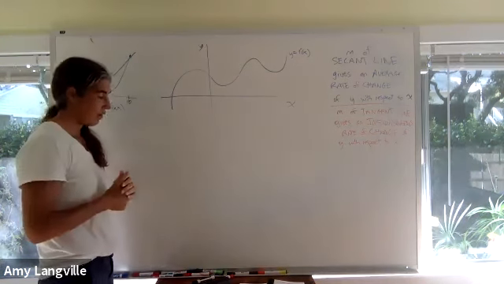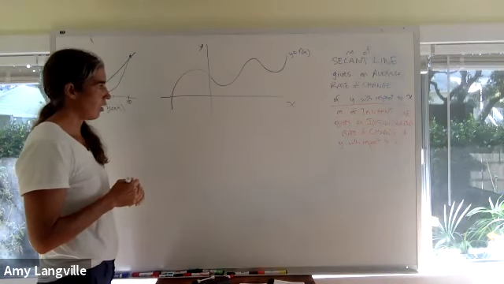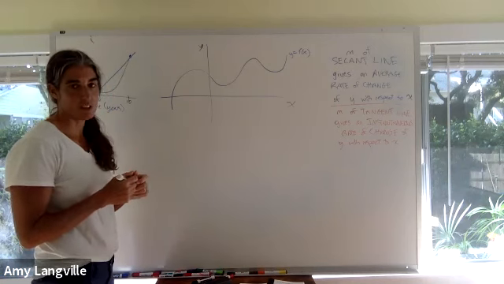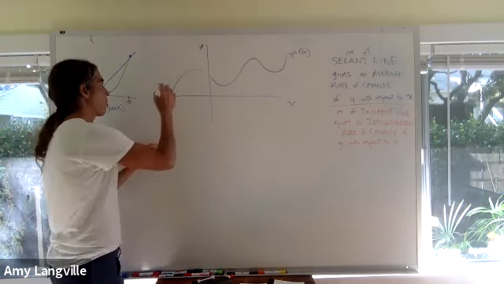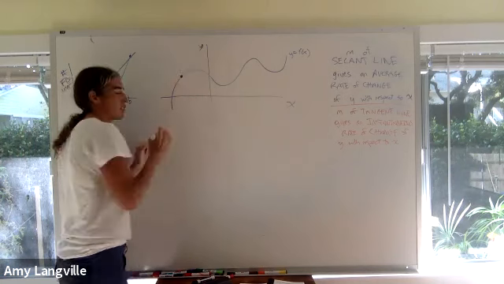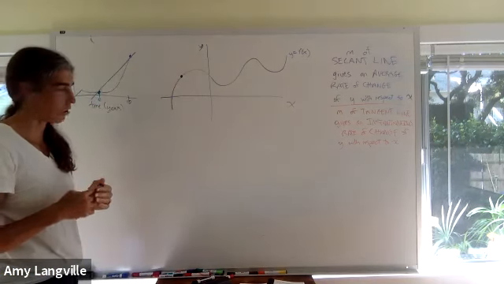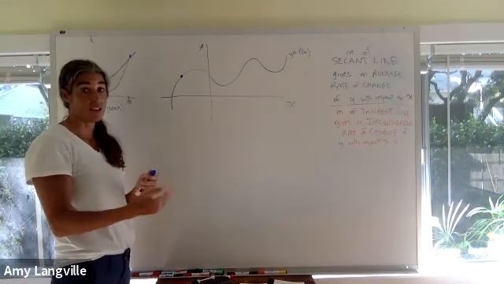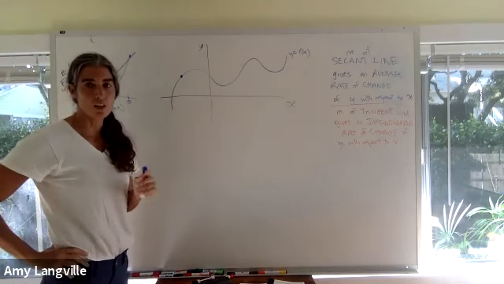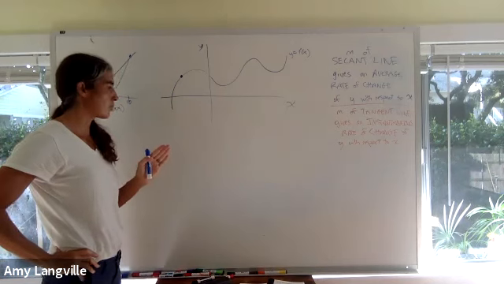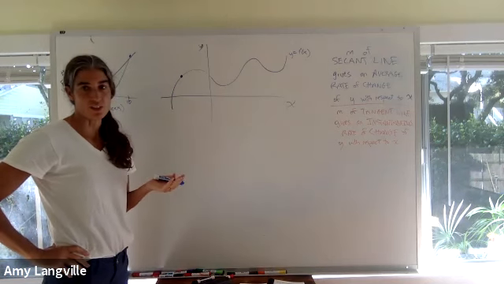Okay, so again, what we're going to try to do is talk about how to estimate what a tangent line is. And let's say we stop right here, and that is our point of tangency. And we want to get good at just estimating what a tangent line is. We'll ultimately figure out how to get it exactly, but it'll really help us with our concepts if we originally spend some time figuring out how to sketch a tangent line.